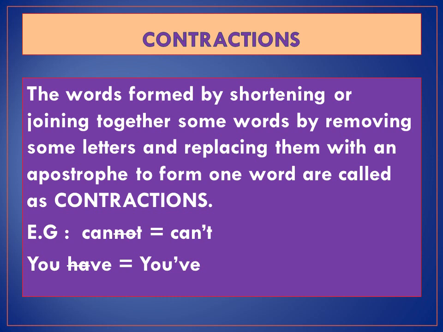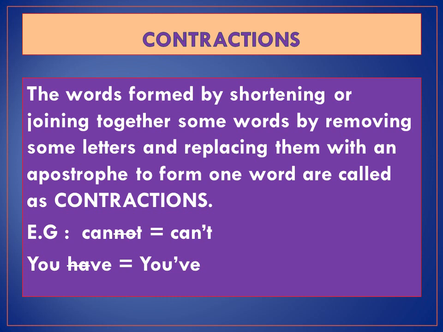You can see the example clearly. Cannot is changed to the contracted form can't. How have we changed it? N and O are removed. I have struck away N and O, if you observe. So it becomes C-A-N apostrophe T, can't. So cannot is the full form of the word and can't is the short form. Did you understand, children? The second one is you have, H-A-V-E.